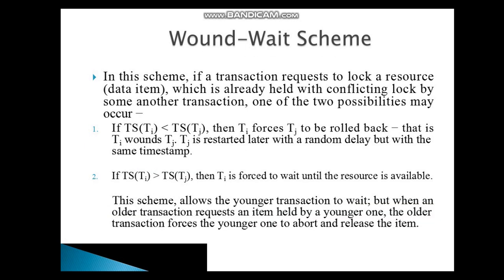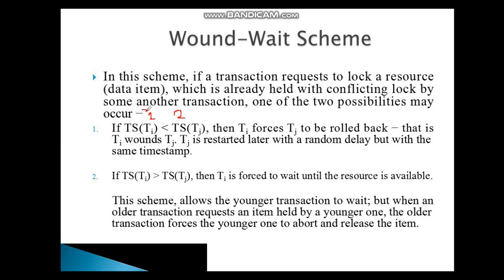Next, the wound-wait scheme. In this scheme, if a transaction requests to lock a resource or data item which is already held with a conflicting lock by another transaction, one of two possibilities may occur. If TS of Ti is less than TS of Tj, that means, suppose Ti is 1 and Tj is 2, obviously 1 is less than 2.